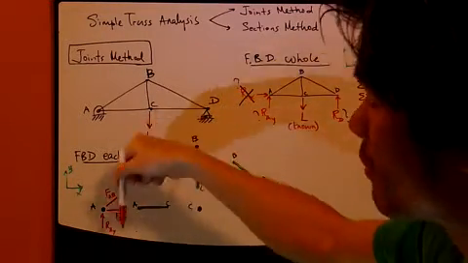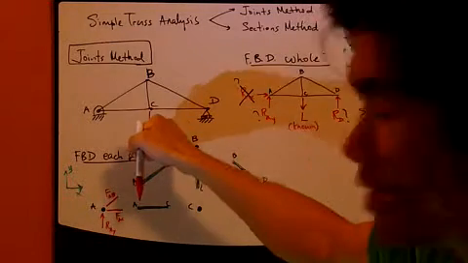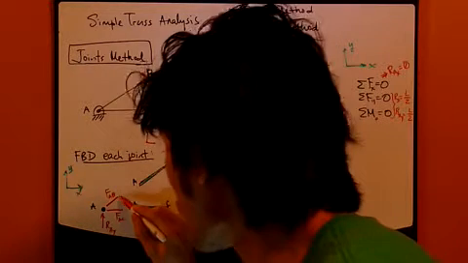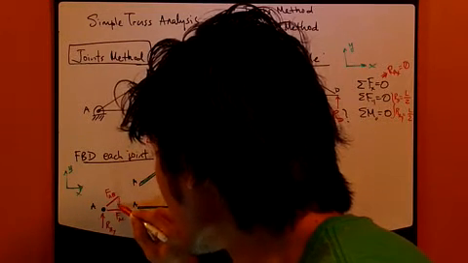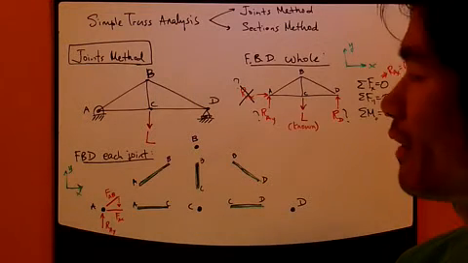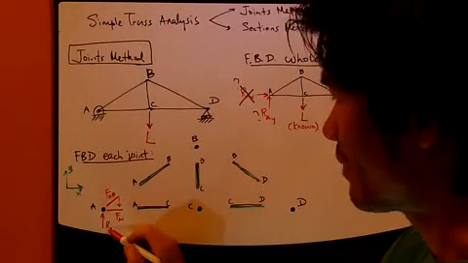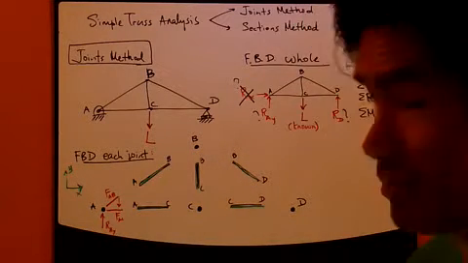This downward force to counter this guy is the Y component of FAB. So FAB has a Y component going downward to counter RAY. That's the only way that this joint A can be in equilibrium.